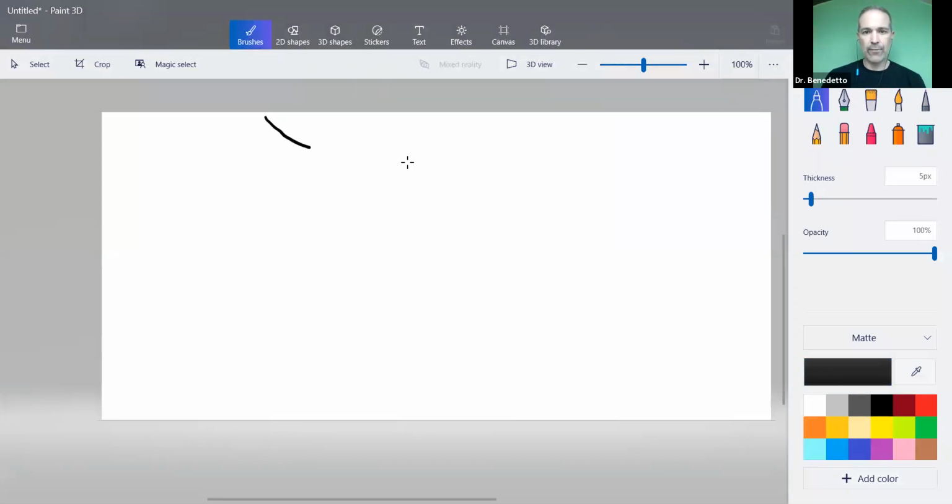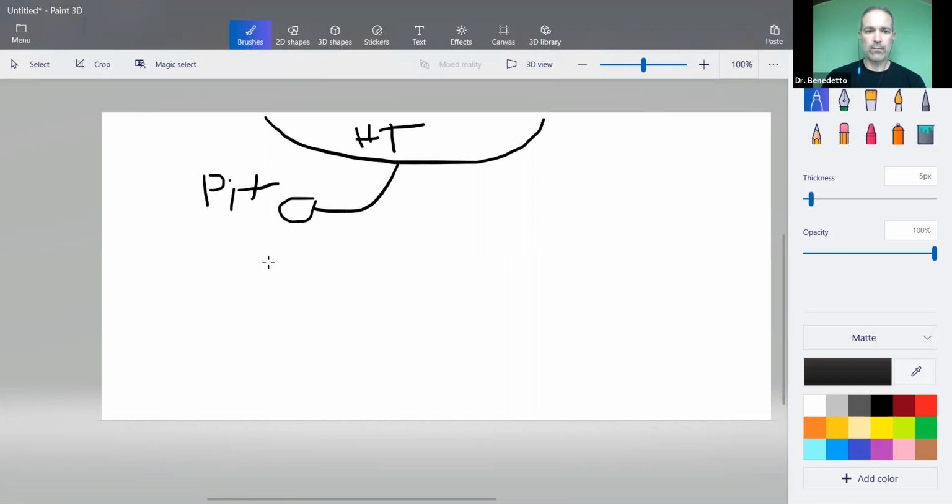What we have is a part of the brain up top here called the hypothalamus. Off of the hypothalamus comes the pituitary gland. Most of you have heard of the pituitary gland. It comes right off of the hypothalamus.